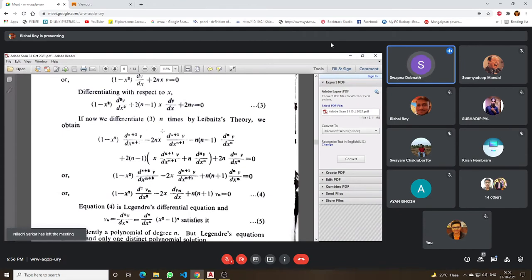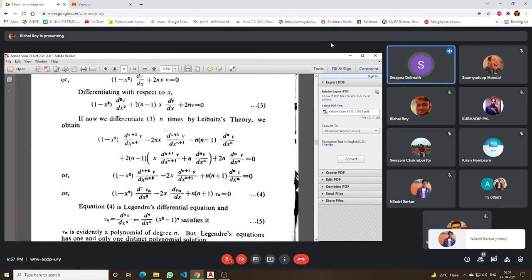Therefore, by Leibniz theorem, what we know? The nth order differentiation of uv is unv plus nC1 un minus 1 v1 plus nC2 un minus 2 v2 plus etc. That we know. Therefore, first term gives only the three terms, because then it will be 0. Similarly, the next term will be only 2 terms, therefore that is written, and the third term will be only 1 term. Therefore, this is Leibniz theorem.